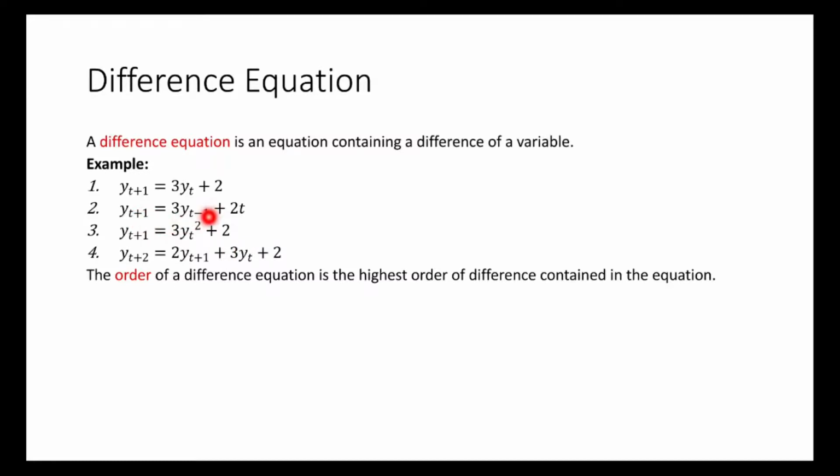In the third example, we have again difference 1. In the second example, we have t plus 2 and t plus 1, so difference 1, but we also have t plus 2 and t, so difference 2. So the highest order will be 2.